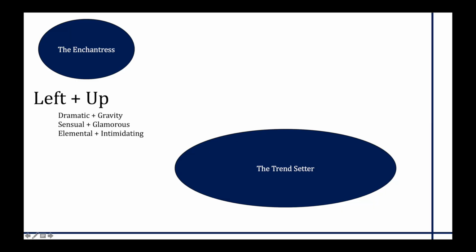So in the very upper left, I have called her the Enchantress. This is the woman who is extremely elemental, by which we mean this raw energy of the elements, representing this wild power. Very intriguing and completely enveloping.